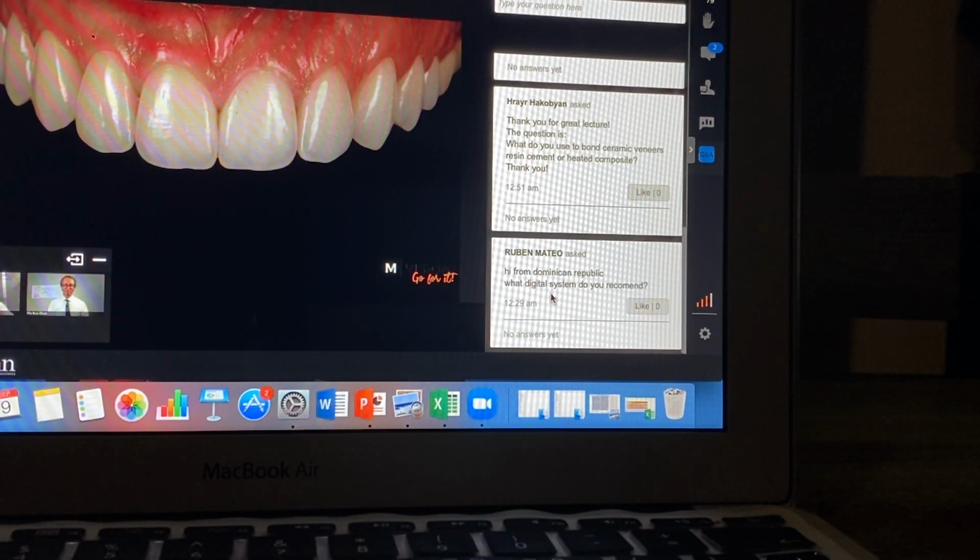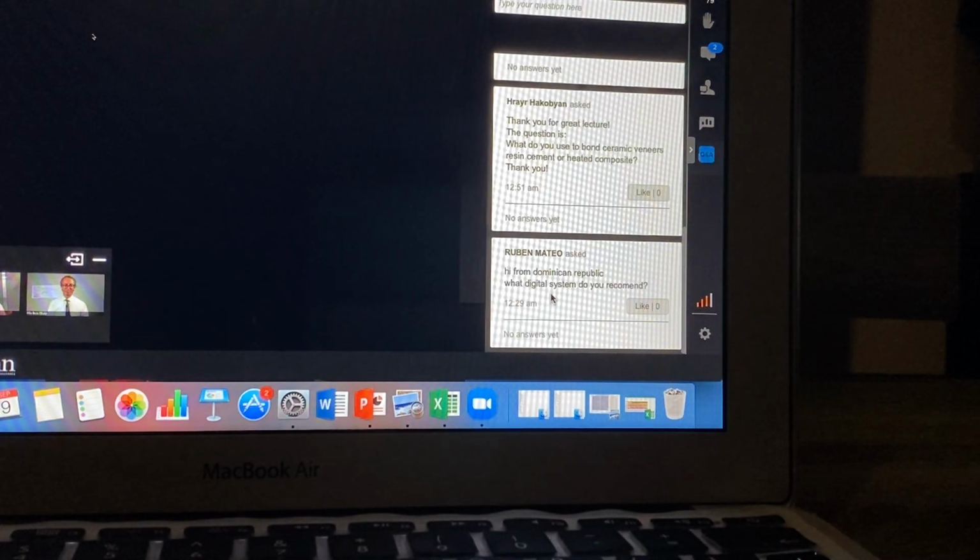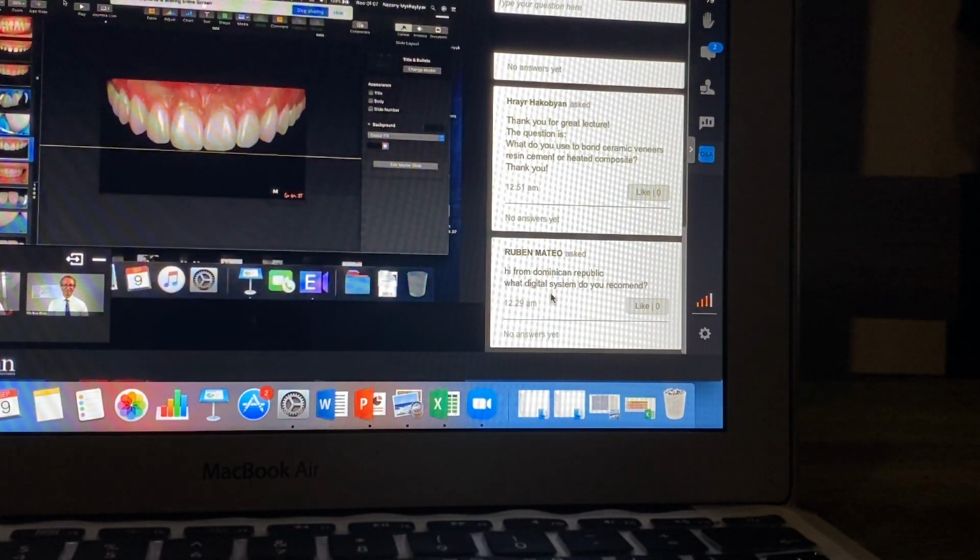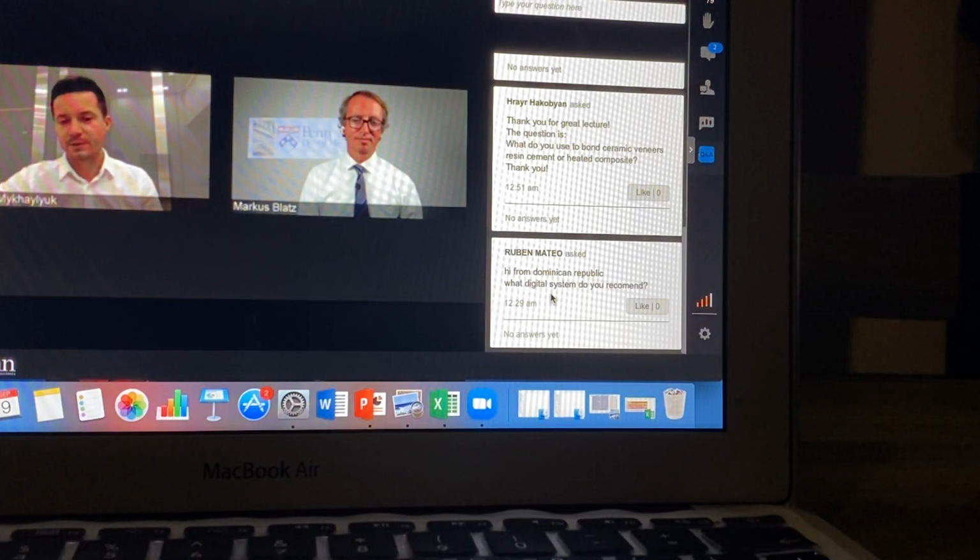You can mill, and if you want, you can additionally stain if you are doing a single central and you want to make sure it's completely the same as the neighbor tooth. It's cool because you have a choice. You want to go monolithic, you want to go with layering. The more choices you have, the better it is.